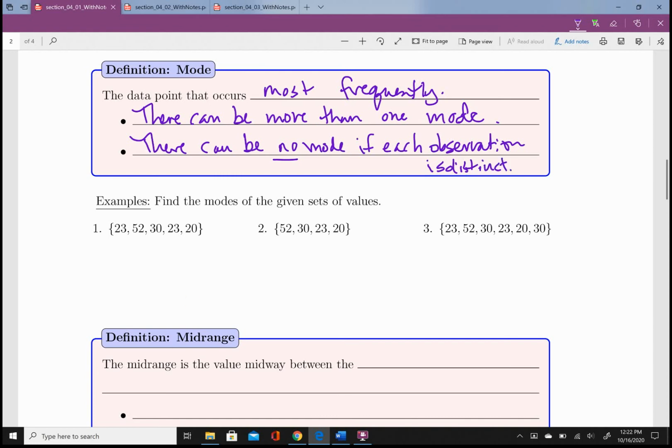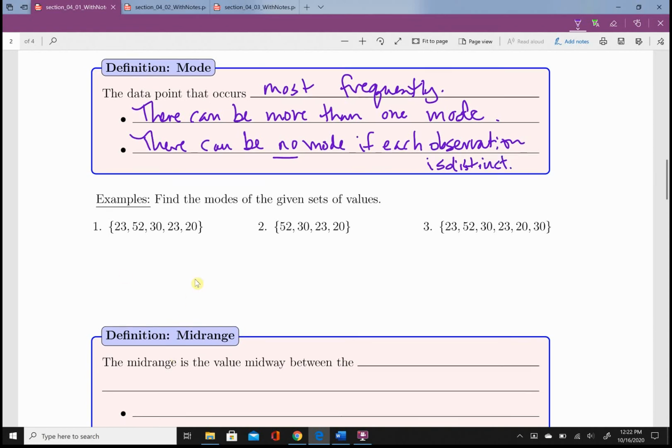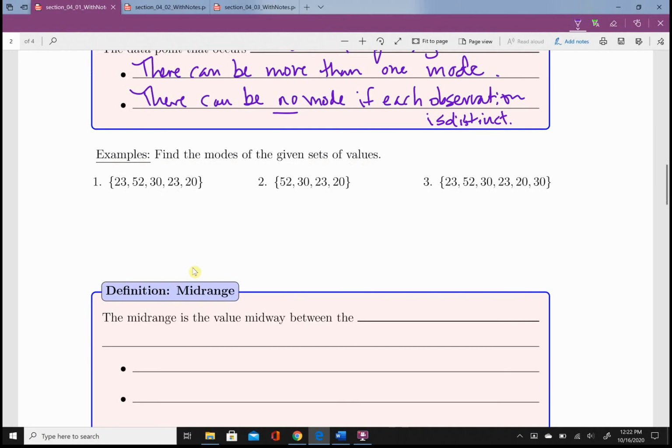Okay, so let's find the modes for a few examples here. Notice that 23 occurs twice in this data set that looks very familiar from the previous example. And then all the other data points are distinct, so that means 23 is the mode for that one. For number 2, notice that each data point is distinct, so this one has no mode.